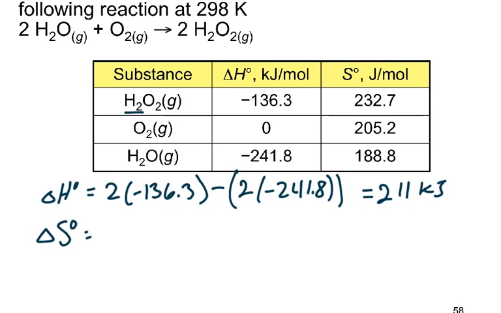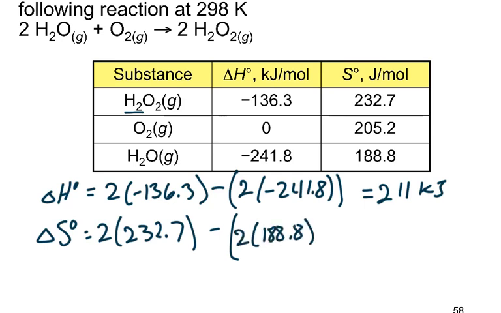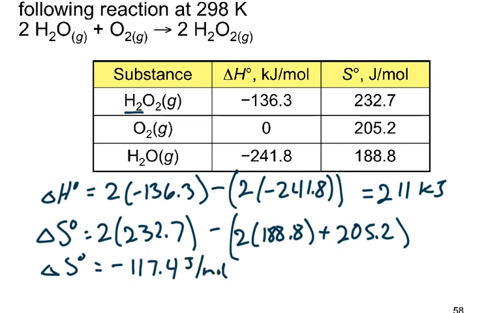My delta S is going to be 2 times my peroxide, 232.7, minus 2 times my water, 188.8, plus my oxygen, 205.2. So my standard delta S is negative 117.4 joules per Kelvin.